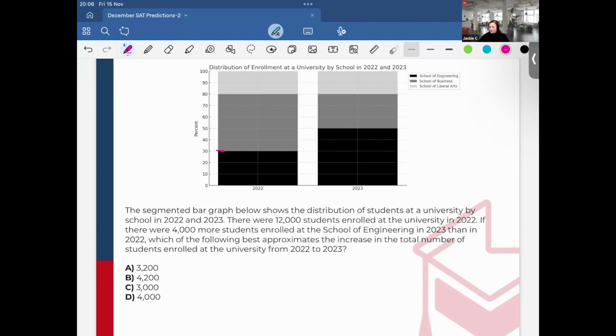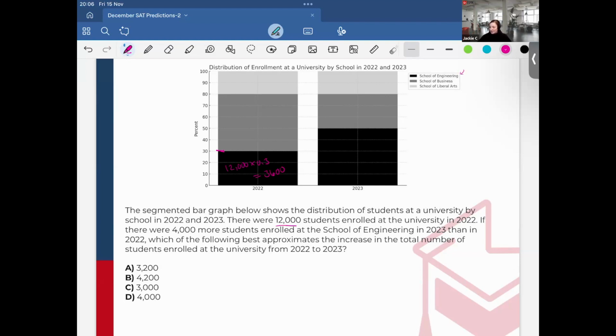So my first mission, we have to read the graph a little bit, but I can see this is at 30%. So 12,000 times 0.3 will tell me how many engineering students there are. So there are 3,600 students enrolled in the School of Engineering.